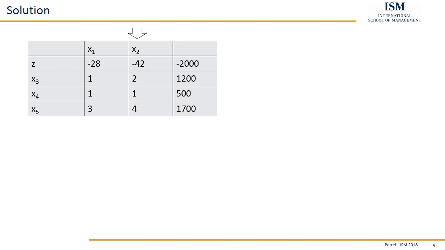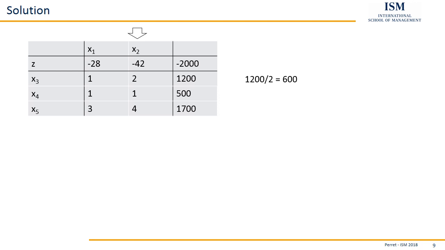Then next we need a so-called pivot row. For the pivot row, we need to calculate some things. So we work our way through the pivot column, in particular through the x3, x4, and x5 rows. And in each instance, we divide the right-hand side value by the value in the pivot column. Okay, this sounds a bit complex. I will show you here. For the first instance, we have 1200 and we have 2 as an element.